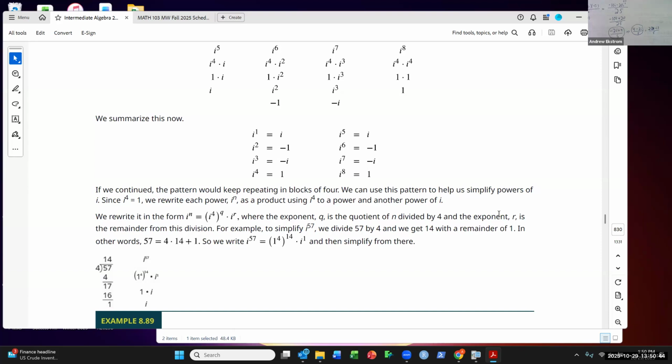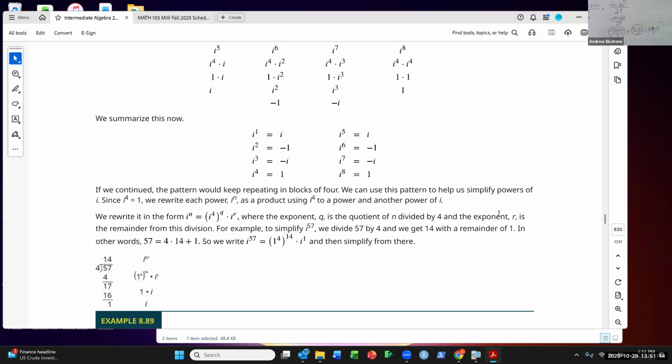If it's a multiple of 2, but not 4, so 62. 62 divided by 2, we can get something nice with that. 62 divided by 4, not so much.